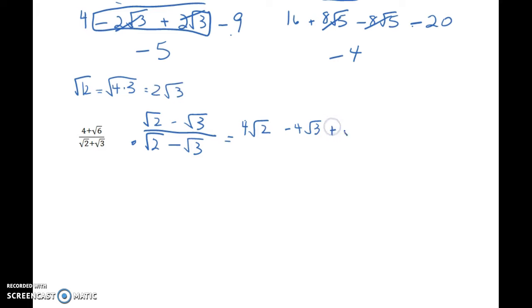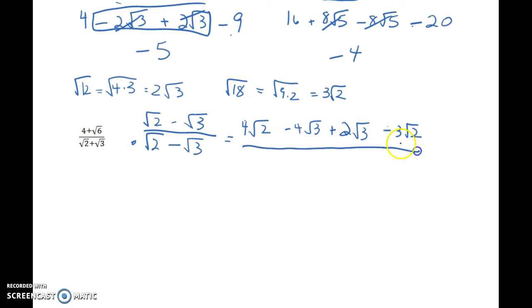So that's plus 2 root 3. 6 times 3 is 18, so we have the square root of 18, which is the square root of 9 times 2, which is 3 root 2. So that's going to be minus 3 root 2.